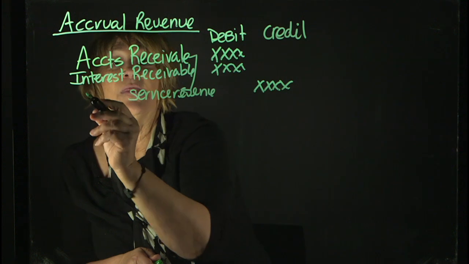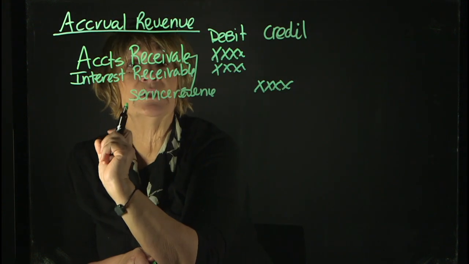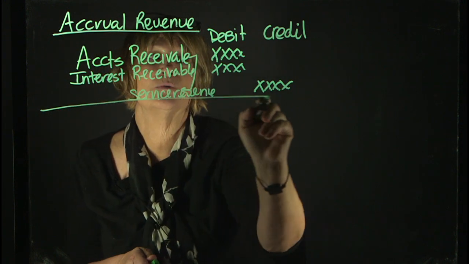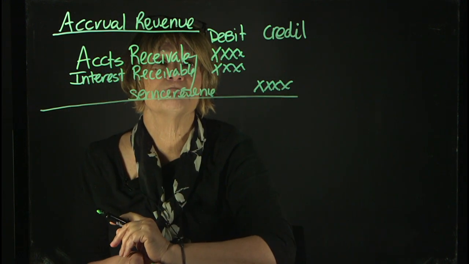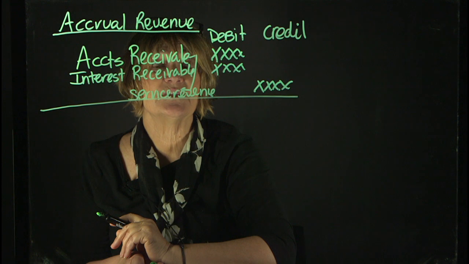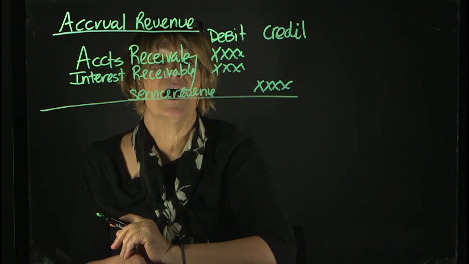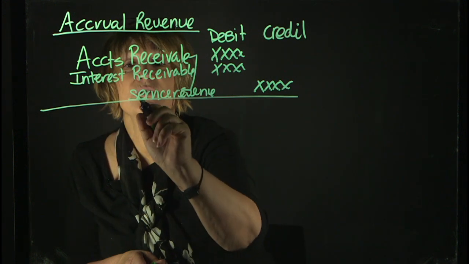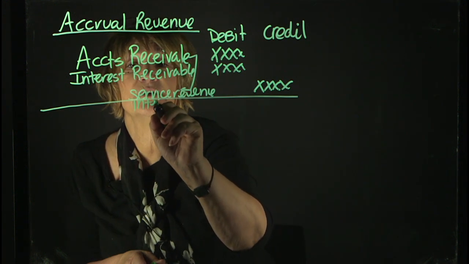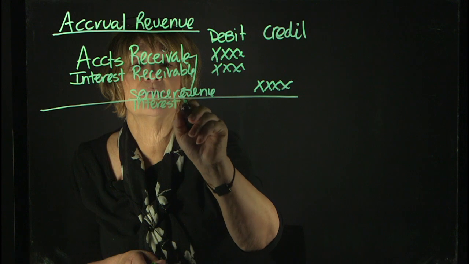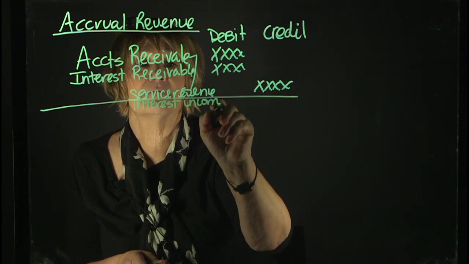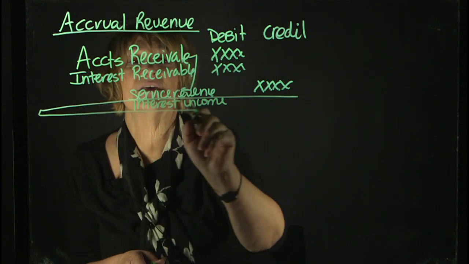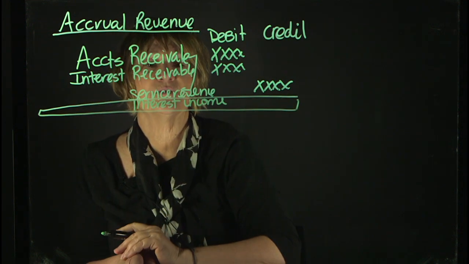Okay? Those are the only entries that you would typically make for accrued revenue. You're either going to debit accounts receivable or debit interest receivable. If you do interest, then you would also go to interest income or interest earned. Okay? So that is for accrued revenues.